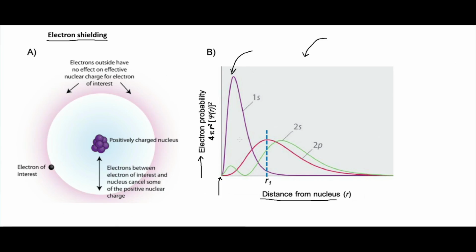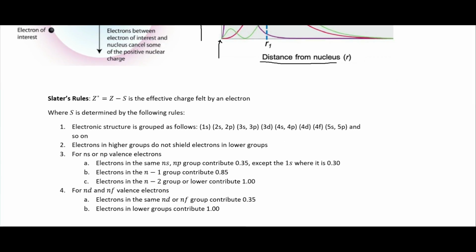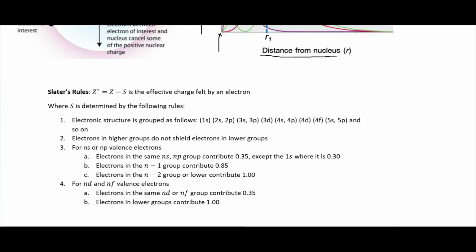But like I said, the takeaway from this is that these closer orbitals are going to shield the further away ones. And so then the question is, how do you determine how much positive charge an electron will actually experience from the nucleus? That is where we come to Slater's rules.